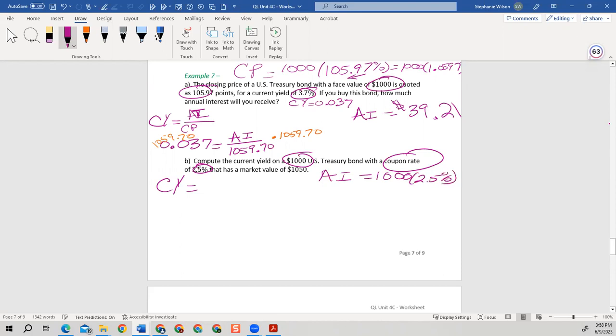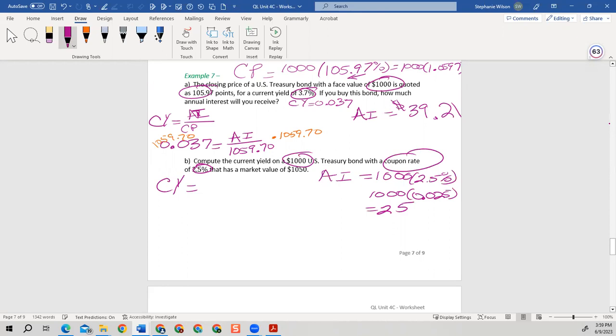And again, you'll take that out of percent, putting it in decimal. Okay, so let's go ahead and do that. It gives me 25.